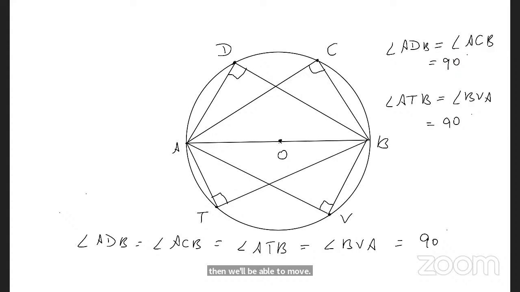Now, let's do one last portion. I'm going to erase this. I'm having a circle.